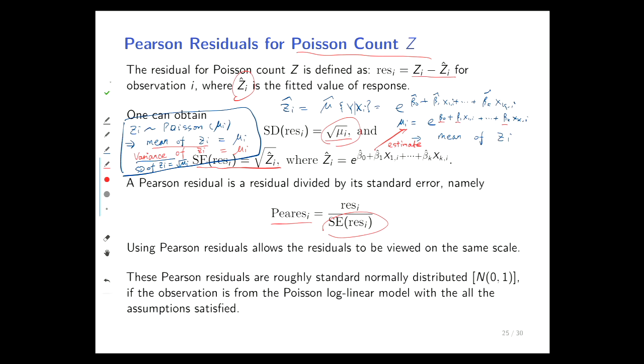Here is something I need to tell you. From this derivation of the variance of zi, we can find that the variance is different for different i. That means there is no constant variance for the Poisson log linear regression model.